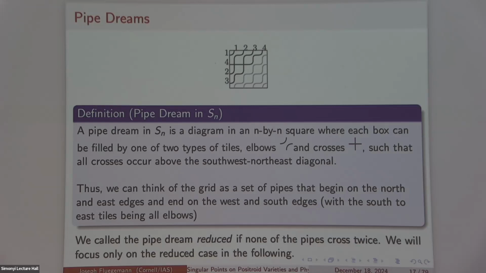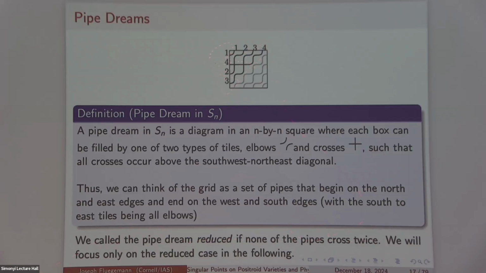So the usual pipe dream story in Sn, which is a pretty classical, well-known story, is that a pipe dream is some diagram in a square where each box is filled by either elbows or crosses. And then you can think of the pipes as starting from the west and then ending on the north.